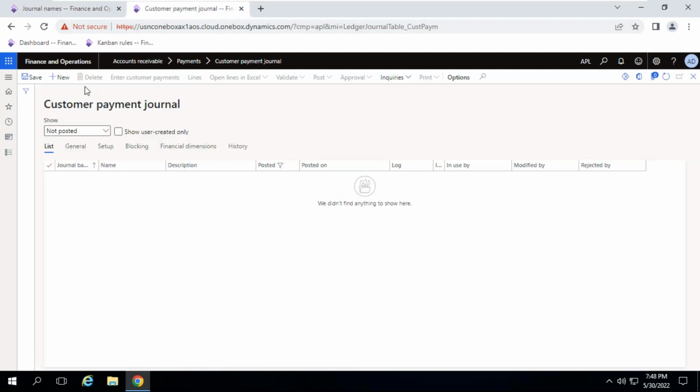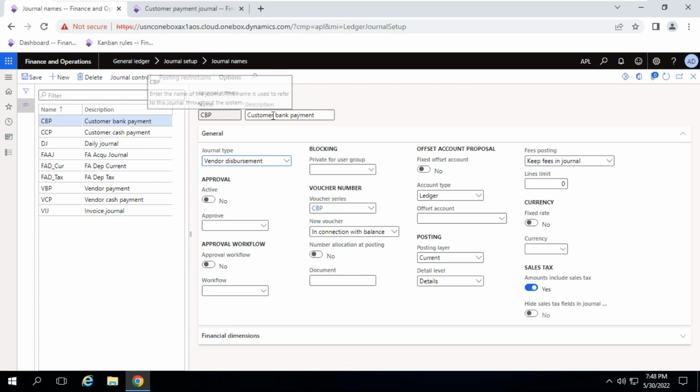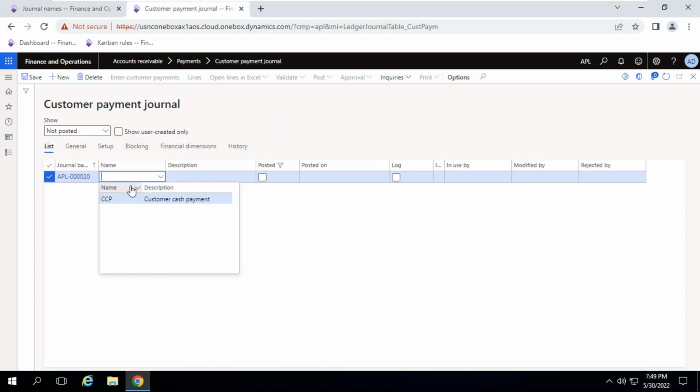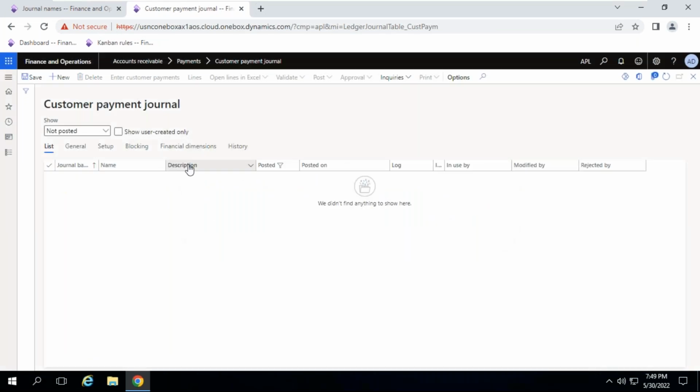Now, if I'm selecting here, it is not coming at all. The system is not reading this name; the system is reading this one. Even though it is customer bank payment, it is in the customer payments. It is not coming. Where is it available?